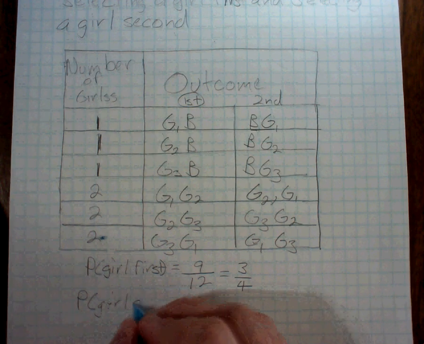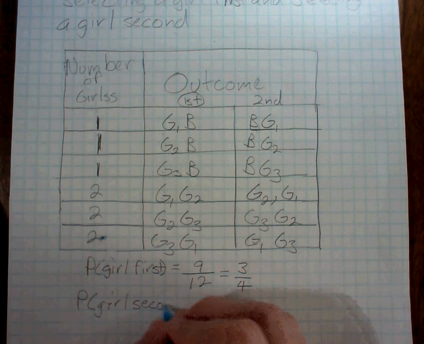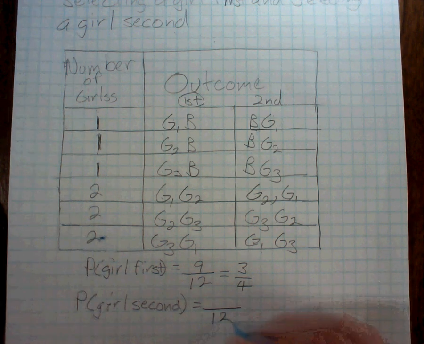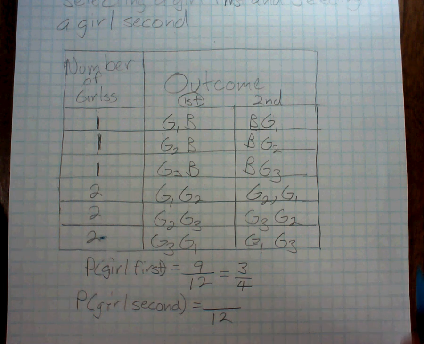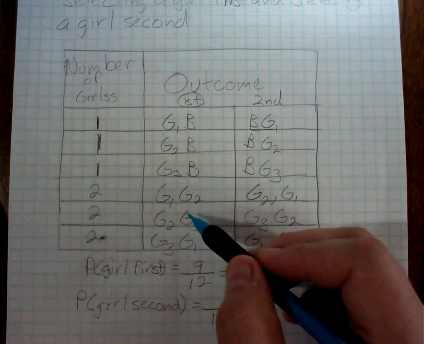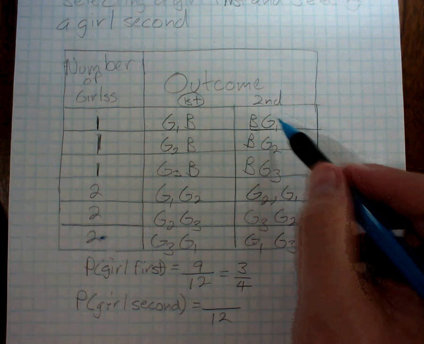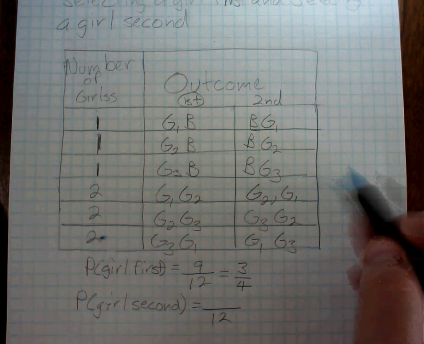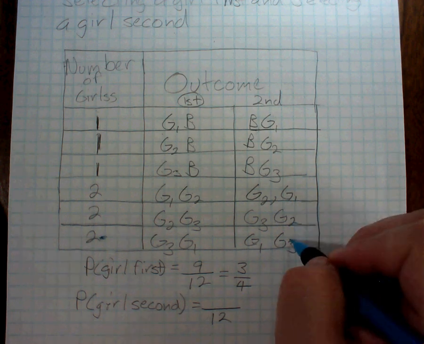Okay. And then we need to figure out the probability of selecting a girl second. In other words, what's the probability of the second person I choose being a girl? Again, we have 12 possible outcomes. And then I have to count in the second column how many G's I've got. So I've got 1, 2, 3, 4, 5, 6, 7, 8, 9.